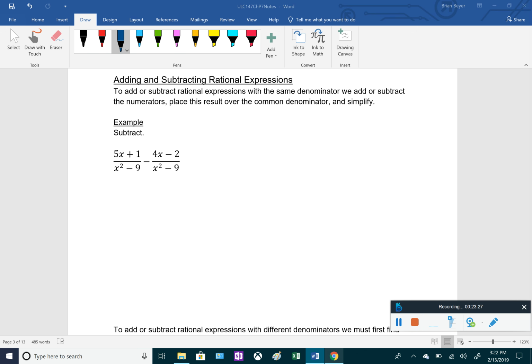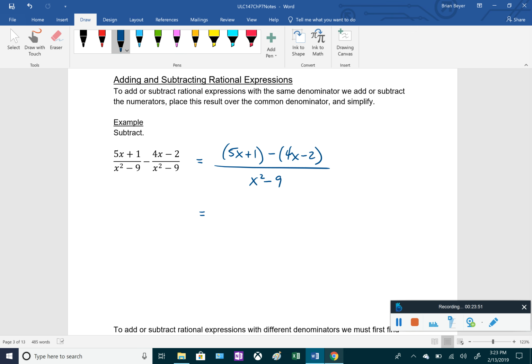So let's subtract (5x plus 1) over (x squared minus 9) minus (4x minus 2) over (x squared minus 9). They have the same denominator, so all we have to do is 5x plus 1 minus (4x minus 2). Make sure the 4x minus 2 is in parentheses, and it's all over that common denominator.